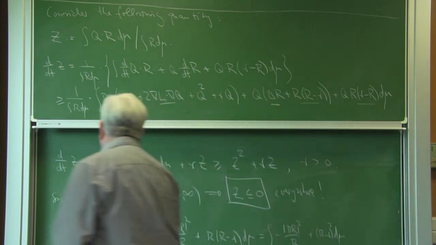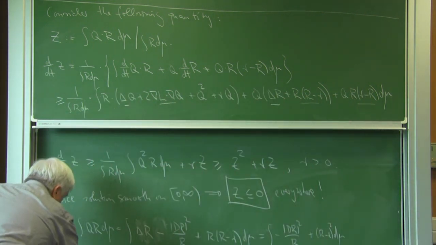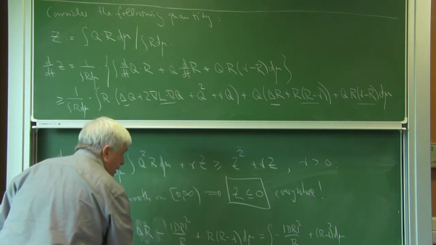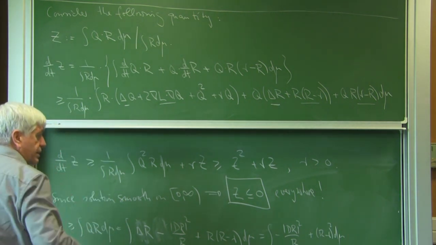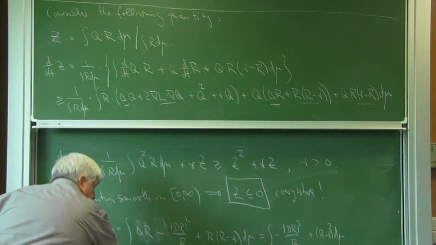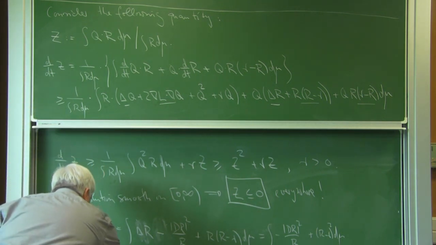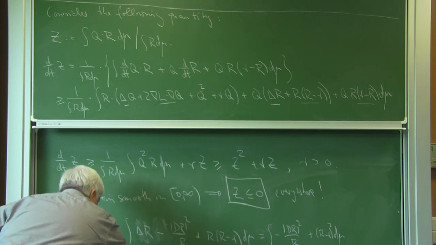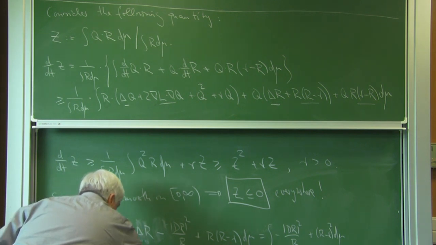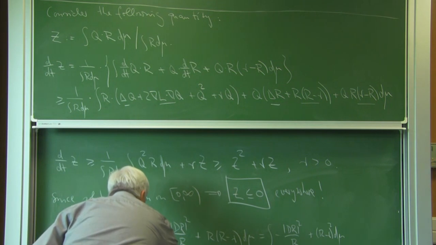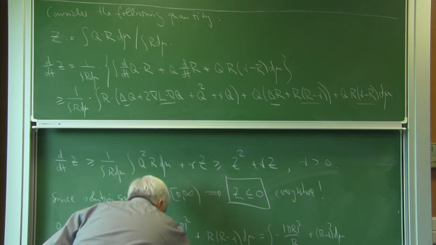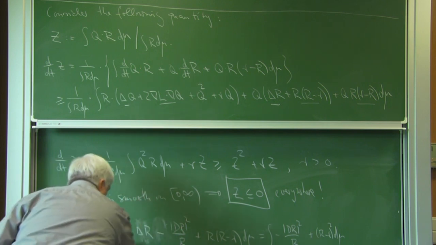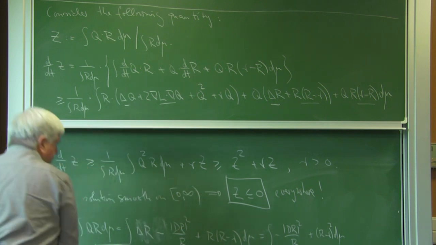So our inequality here means that this is less or equal to 0, so this means that we have a Poincaré type inequality: the integral of R minus little r squared dμ must be less than the integral of gradient R squared over R dμ. We have this inequality.